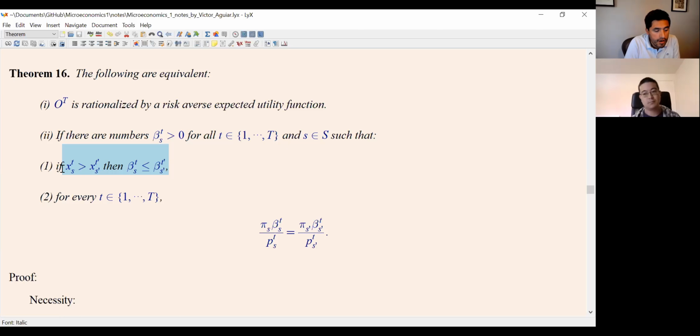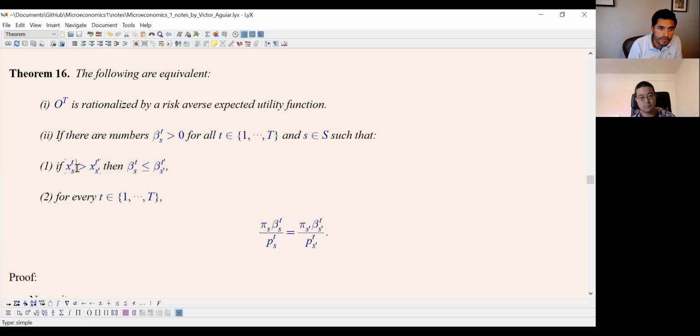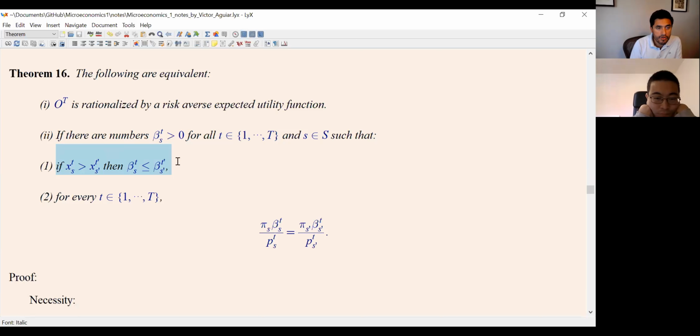So here you are given a test, right? These conditions 1 and 2 depend only on observables. So they depend on quantities of each trial, right? And each state of the world. So how many S do you have? 1 to 3, right? 3 goods. And how many time periods do you have? Trials, you have 50, okay? So you're looking basically for 150 betas that satisfy these inequalities here, condition 1, and these equalities here.